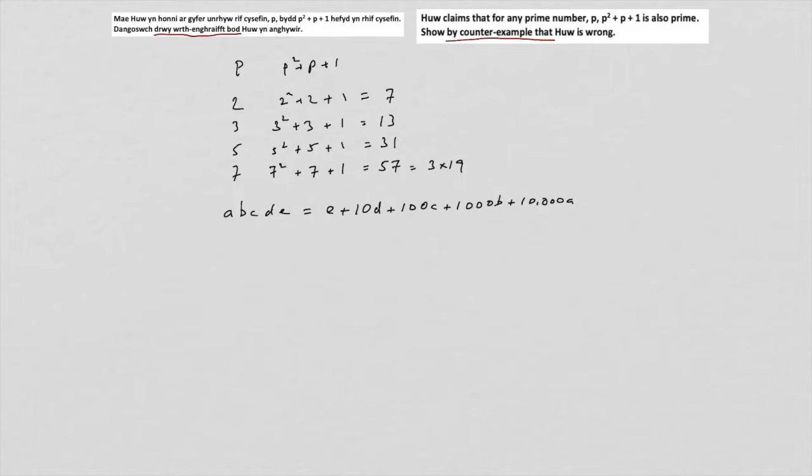Now, this is the clever little bit, is that we now separate this off. So we have our E, and then we have D plus 9D. We have C plus 99C, B plus 999B, and A plus 9,999A.